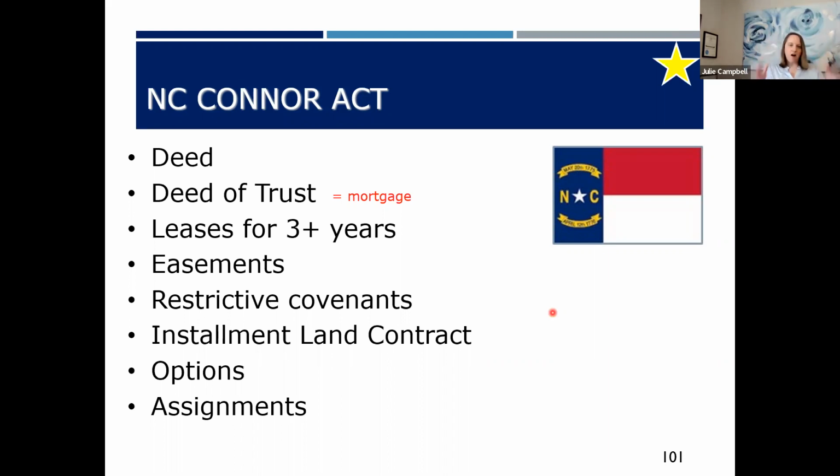Connor says these are the documents specifically that I want you to record. And keep in mind, the whole purpose of recording is so that these documents are enforceable against third parties. If your deed is on record, then a third party is going to have a harder time showing up and laying claim to your property, because you are the current owner of record. And that is all thanks to the Connor Act.